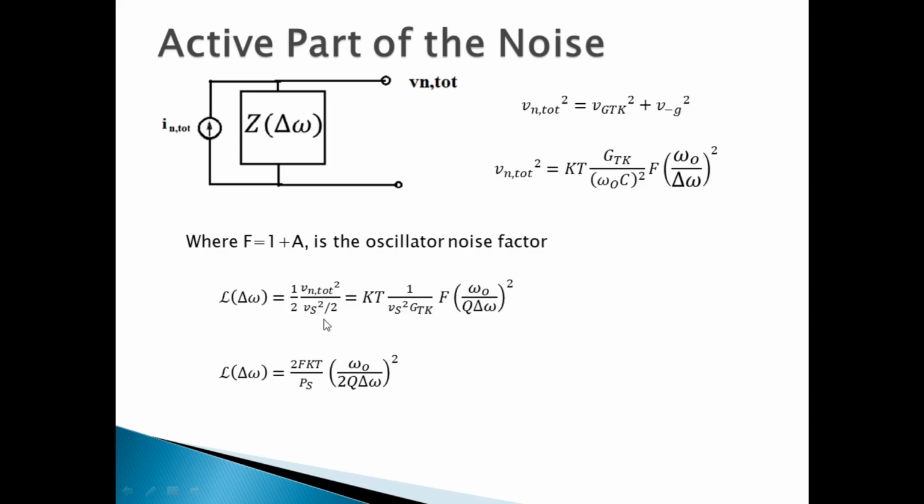And this is the noise factor, where you have the contribution from the LC part as 1 and the contribution from the active part as A. So we can derive an expression for phase noise, and this is the phase noise in the oscillator model.